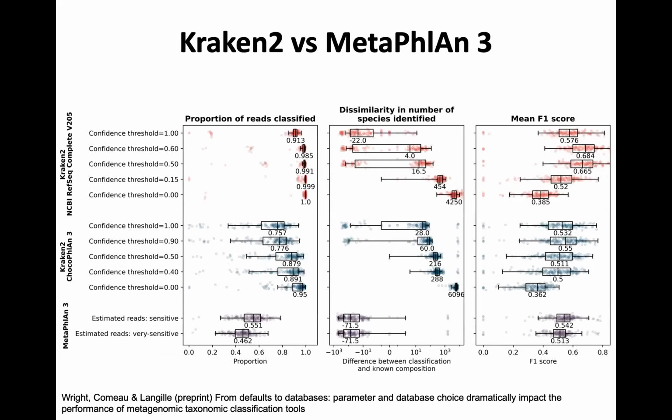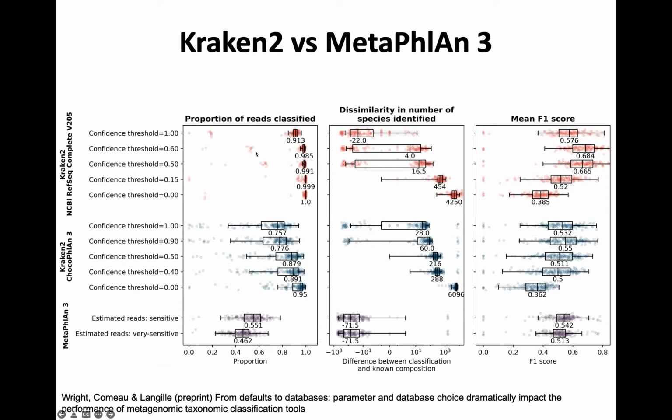Okay, and then my last slide about this is comparing Kraken 2 versus MetaPhlAn 3 using different databases and using different cutoffs. What's shown here is the proportion of reads classified, just as I defined it before. And this is using different confidence thresholds, using the largest database.